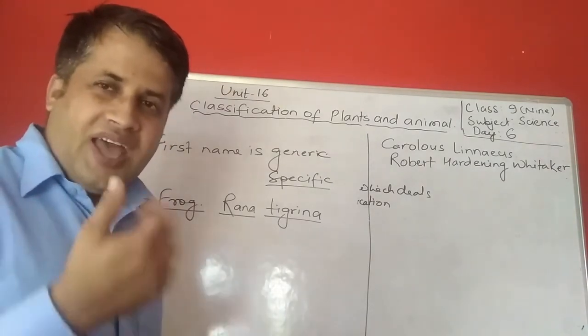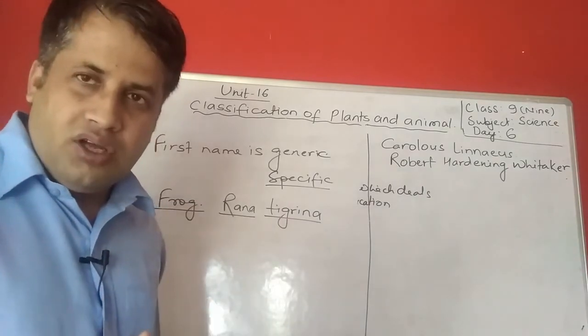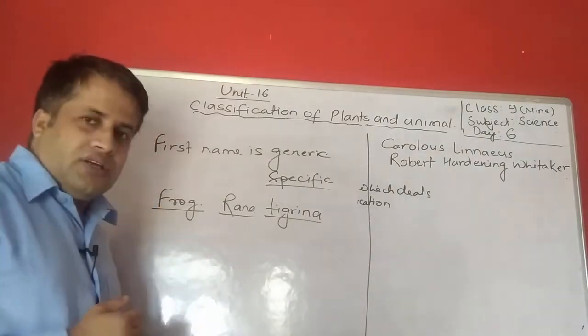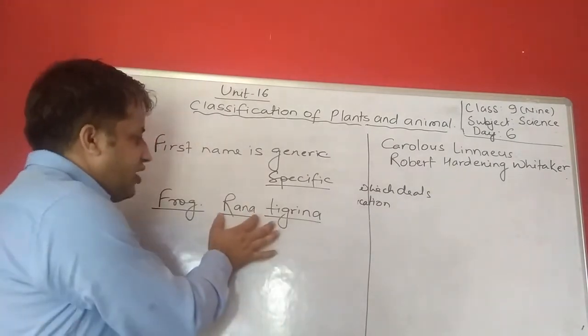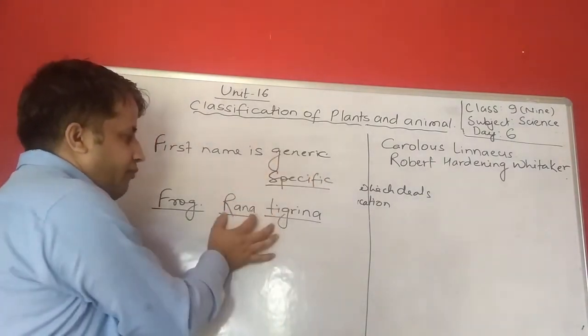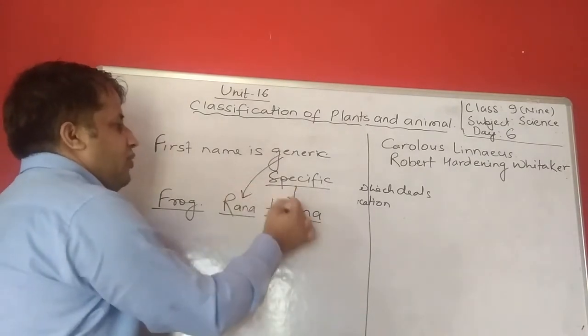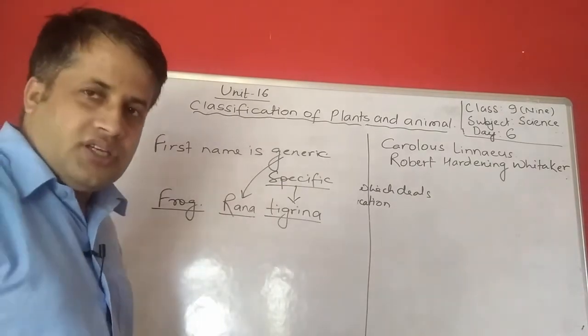That's why tigris is given for the tiger and leo is used for the lion. So the way of giving a scientific name by using two words, first the generic name and second the specific name to an organism, is known as the binomial system of nomenclature that you have already studied.